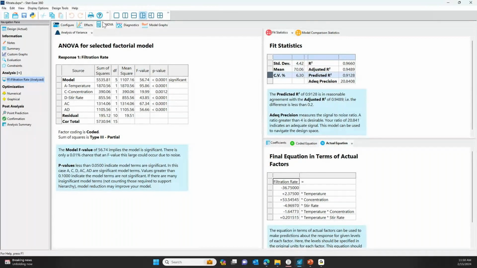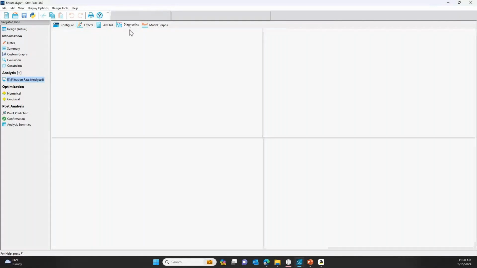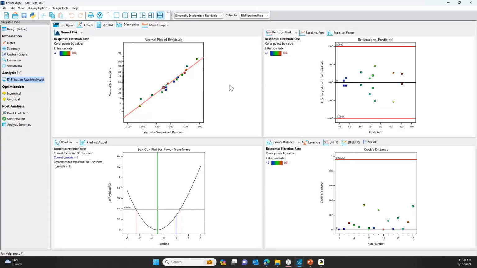Next thing we want to do is see if we have any outliers or oddities taking place. So we're going to look at the diagnostic plot to make sure that our system makes some sense. Our residual, what's a residual? Our residual is the difference between the predicted and actual for each one of our data points.